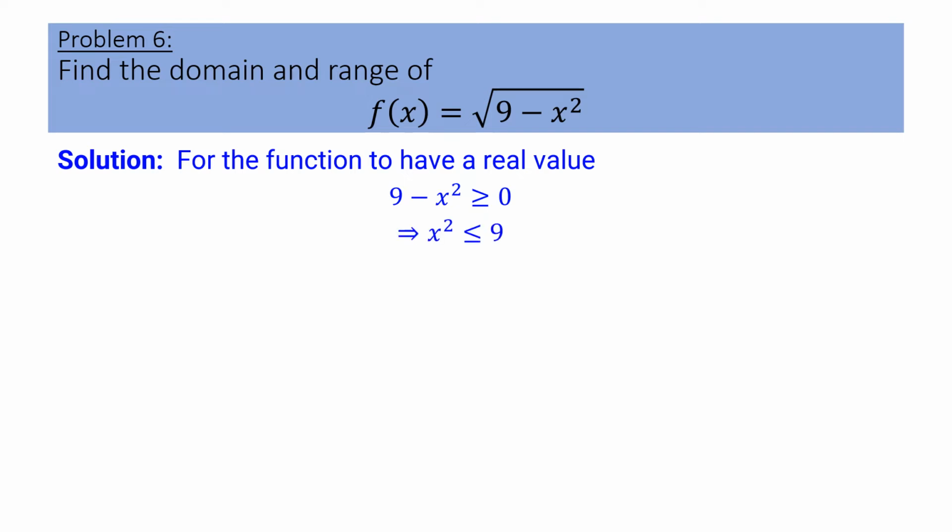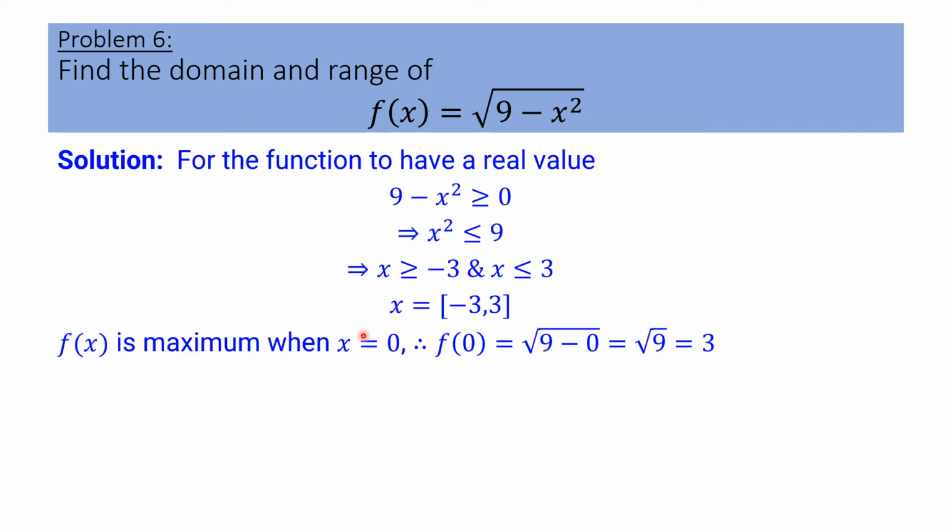This means that x square shall be less than or equal to 9. This means that x shall be greater than or equal to minus 3 and it shall be less than or equal to 3. Therefore, x is in the closed interval [-3, 3]. Now f(x) is maximum when x equals 0.